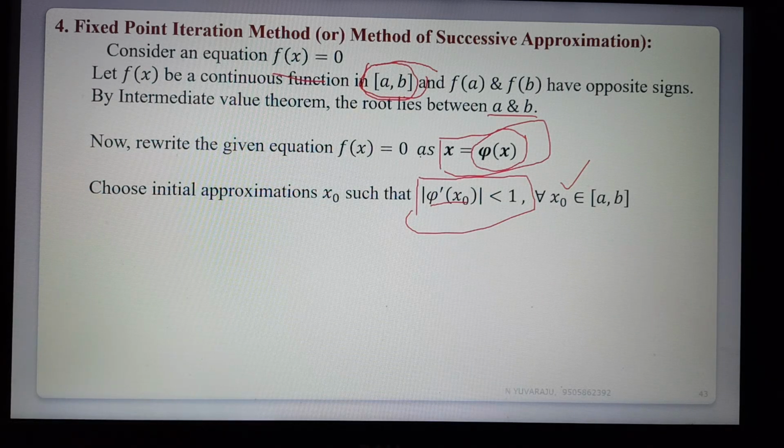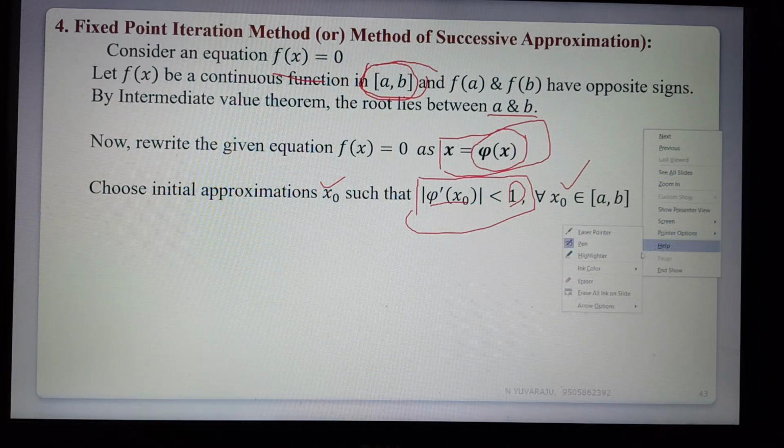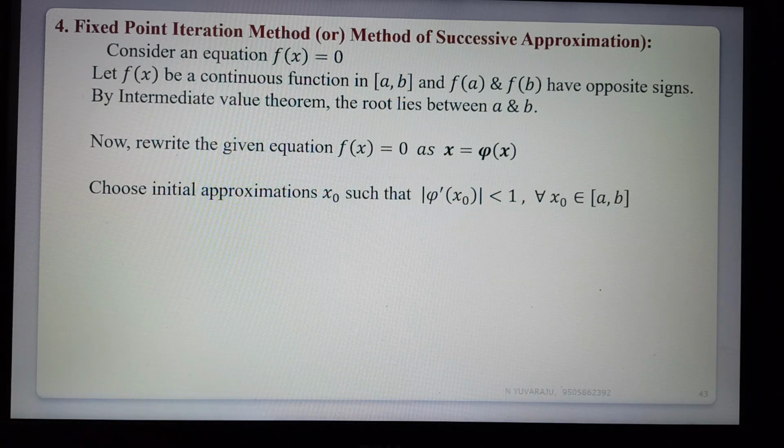We can choose any value, but the condition must be satisfied, that the derivative of phi at x naught is less than 1. That is the initial value.